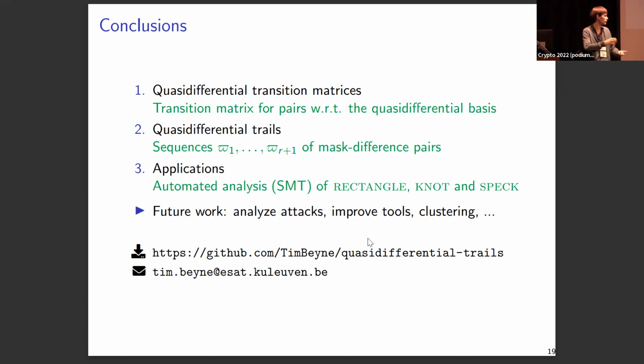So if you iterate many rounds, you'll get several copies of that. I also checked if there are even more quasi-differential trails, but it turns out not to be the case. So that's the main effect there. But yeah, we looked at it.